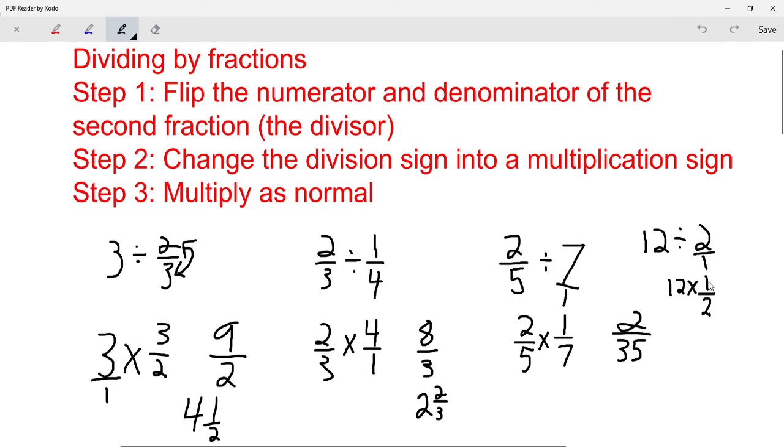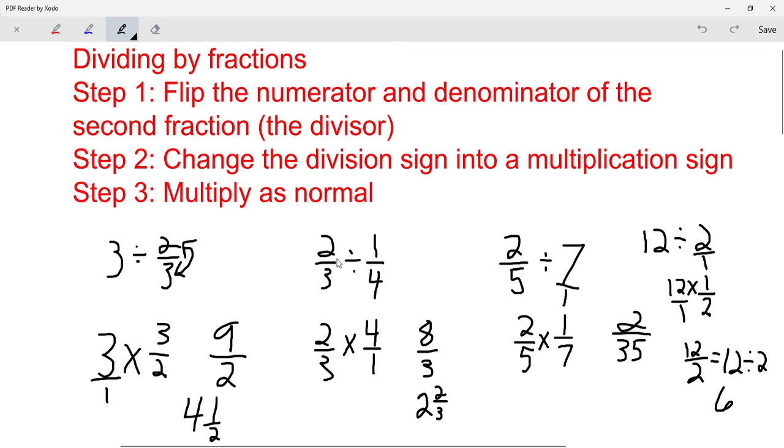I just flipped it, and then that would become 12/2, which then actually just equals 12 divided by 2. We've kind of come full circle, which then also equals 6. So technically it can work with even whole numbers, although it doesn't really accomplish anything, because you just come full circle to get back to here. But I just wanted to demonstrate that it works that way as well.